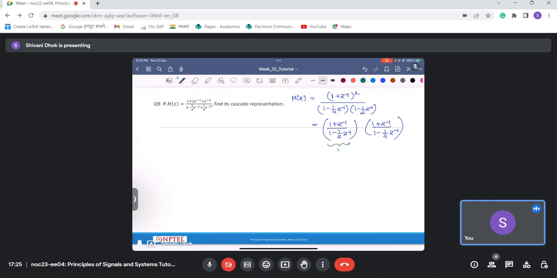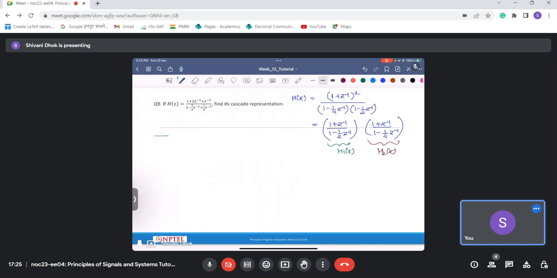So this is my H1(z) and this is my H2(z). So let us first construct H1(z) using my direct form 2 representation.